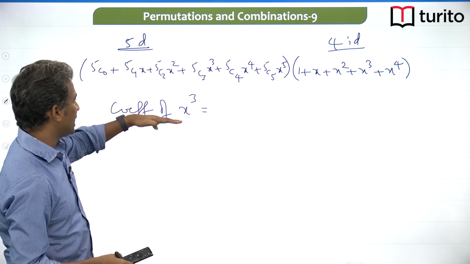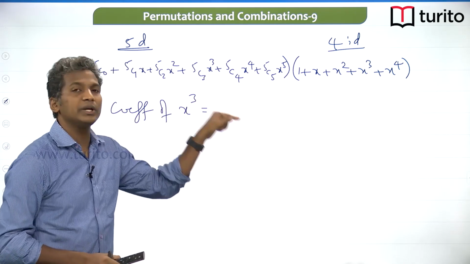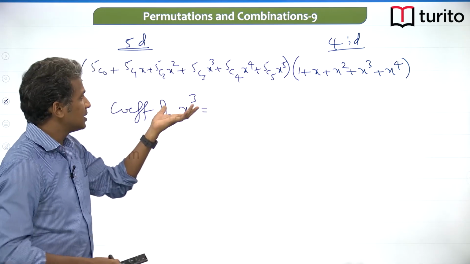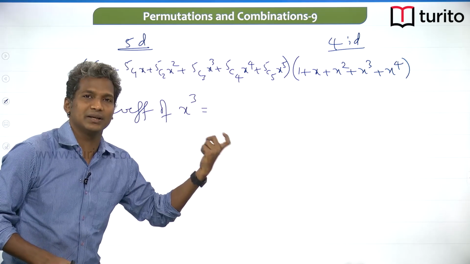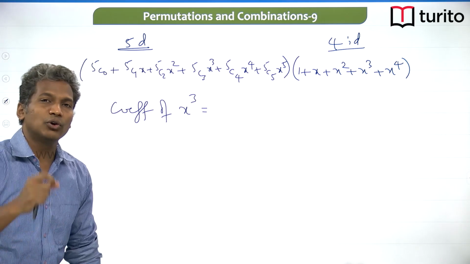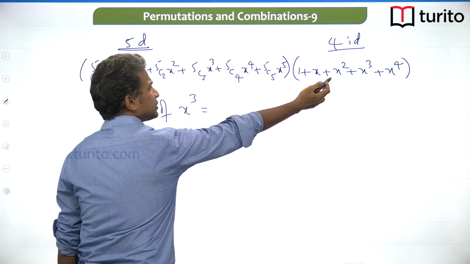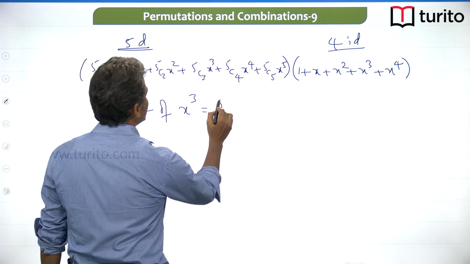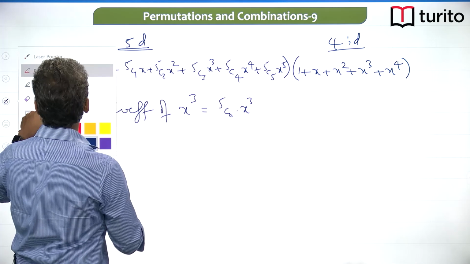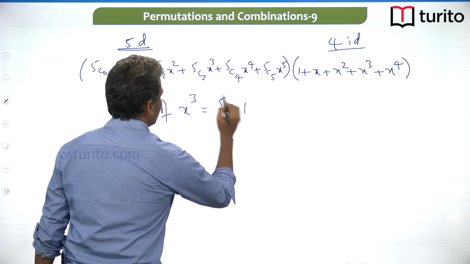After we realize this, we have actually done it using permutation combination, but now the job is going into algebra. So this is a very silly example. Collecting the coefficient of x cube is simple here, but not always. For example, here if we want to collect x cube, when I am taking 5C0 here, I have to take x cube from there. So it will be 5C0 into x cube term, but because we are collecting only coefficients, it will be 1 here.